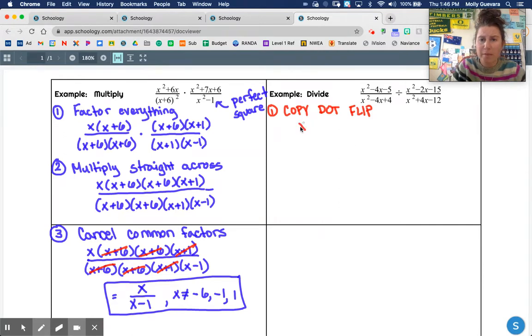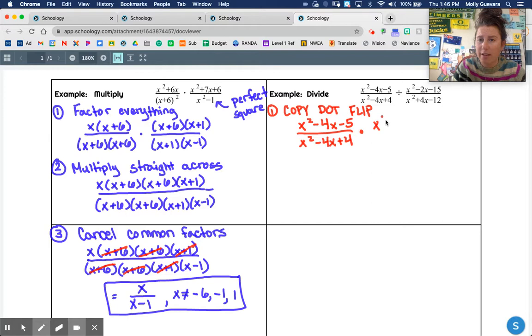But what that means is that my first step is to copy down the first fraction. So my first fraction is going to stay exactly the same. So here I have it. Then instead of division, it turns to multiplication. That's the dot. And then the flip part means I flip the second fraction.